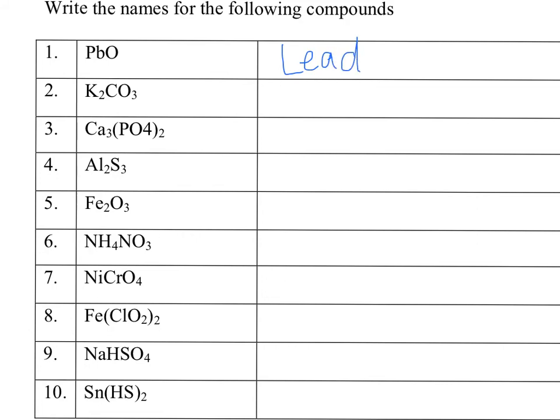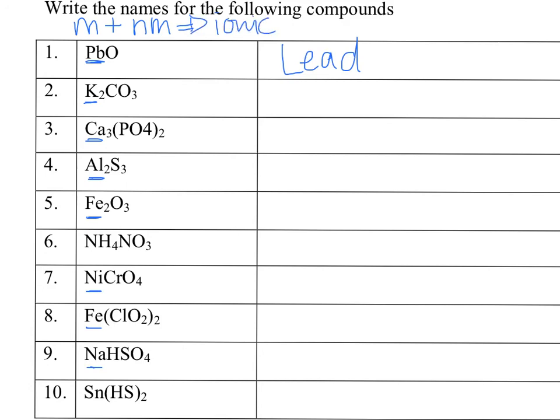And first, one of the things I told you to do is underline the metals. Well, if we go through and we underline the metals, okay, that's not a metal, but this, you get the idea. These are all metals. They're all metals plus nonmetals, which means that they're what? Ionic.